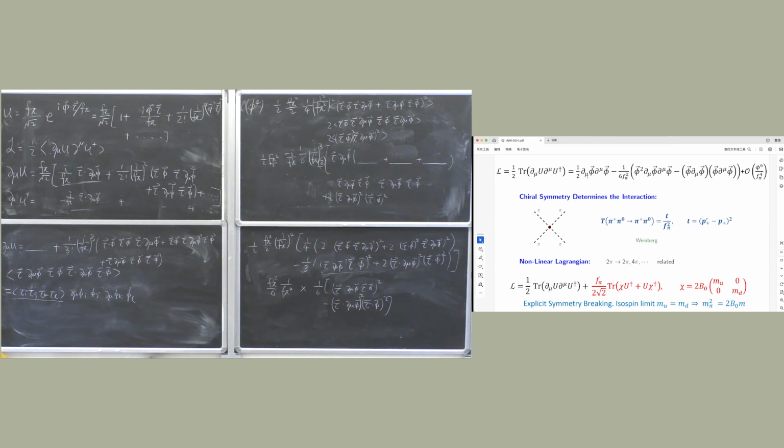So it's several terms of delta. And we just contract this index with this field, we can simply get the result.